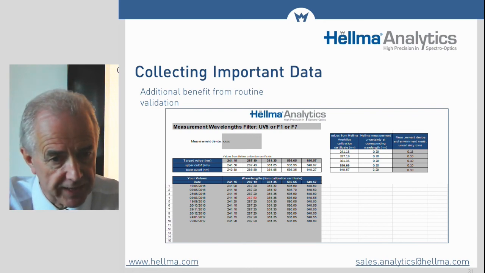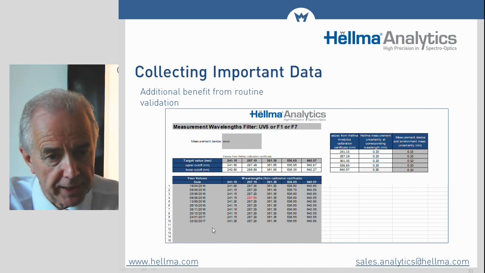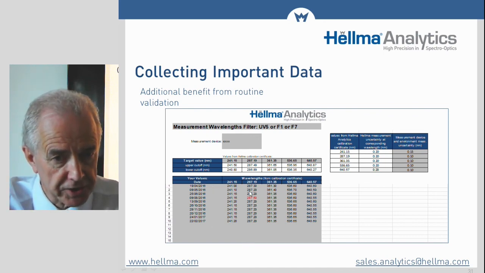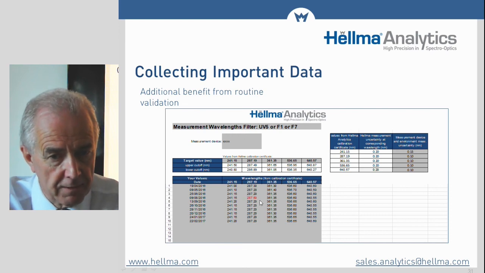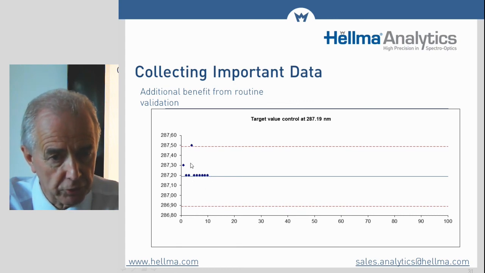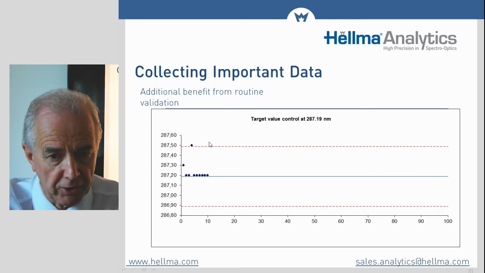As we do the validation over time, results are stored here, and when an out of limits reading is taken, it is highlighted in red. That data can be stored as a trend, and we can see that here, the trend of those results going on over time. And we can see the result that was out of limits here above the red upper limit line.